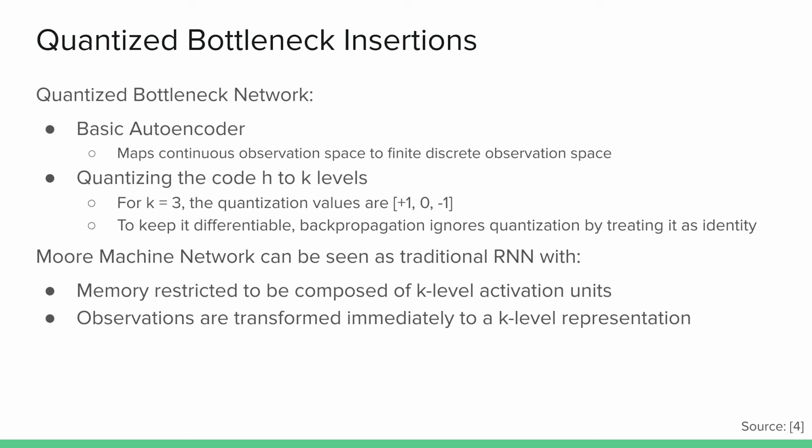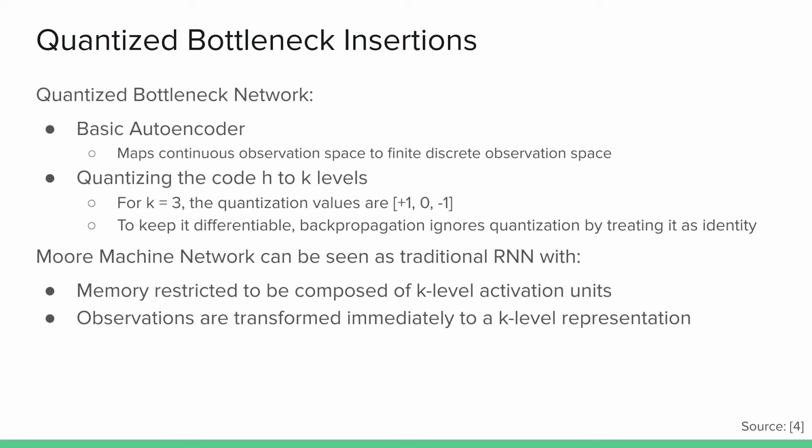They take an input, transform it ideally into a simpler representation, and then transform it back in the decoder into the same output. Here is a perfect place for that. We want to take our model and map this continuous observation space into a finite and discrete observation space where we can reason about and understand what's going on much more easily.